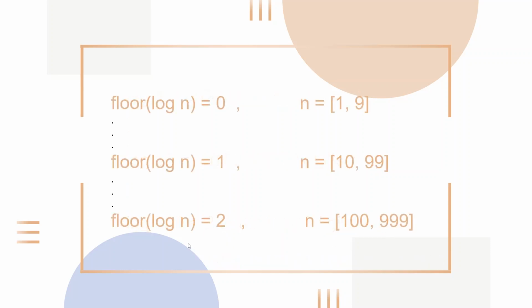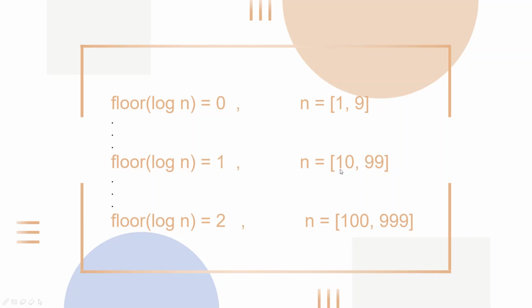So you can see that a number less than 10 has a log less than 1. So if we take the floor of that log, we will get 0 where n belongs to 1 to 9.